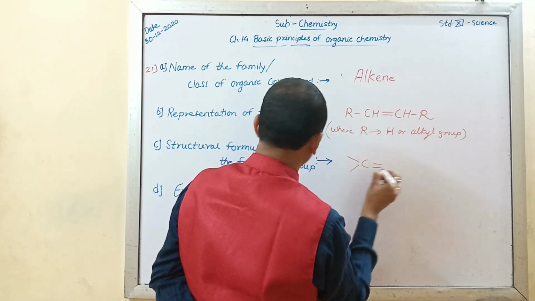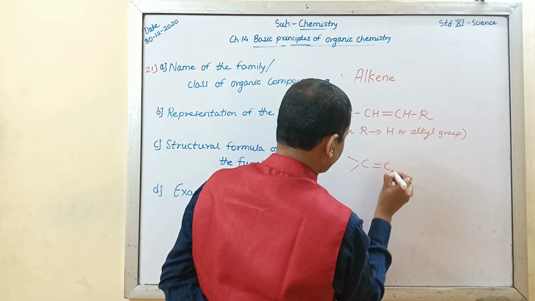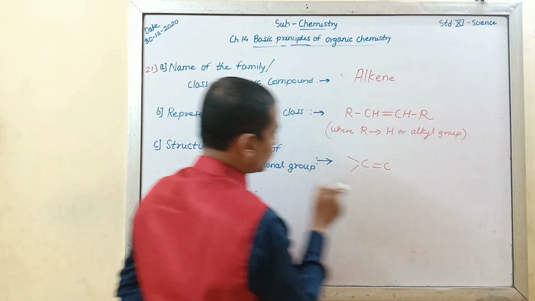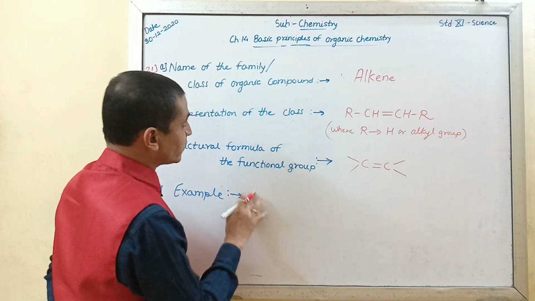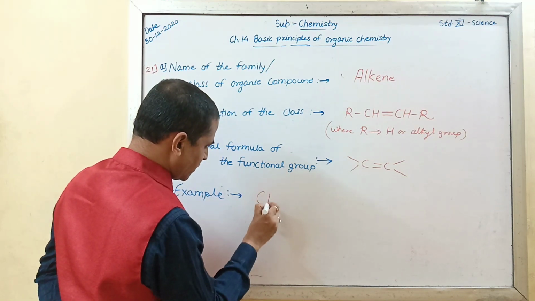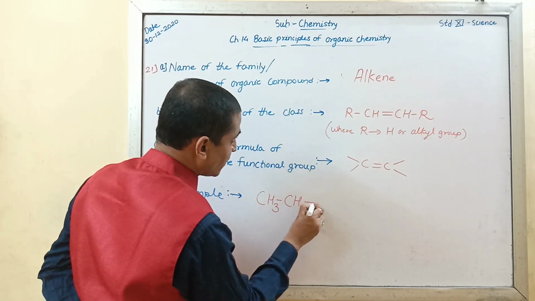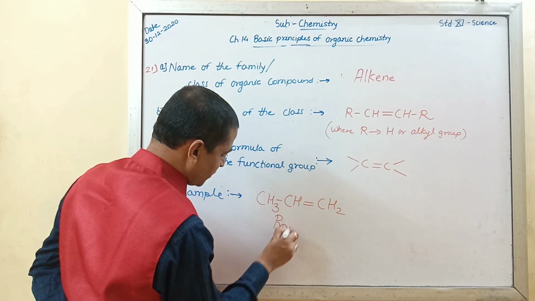Functional group structure is what? You got this. Now the structural formula for the functional group is written this way. Now see the example: CH3CH double bond CH2. It is called propene.